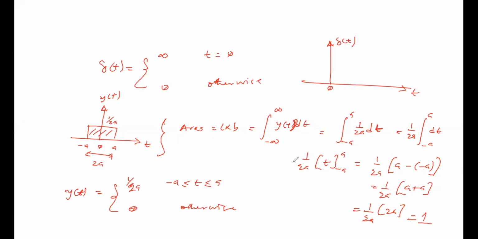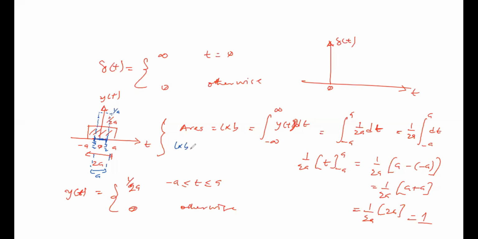Now, for us to get unit area, as we shrink this length, say if we reduce this length by half, so that this will be negative a over 2, then the height of this must scale up to some value, 1 over a, such that this length here will be a, then the height will be 1 over a.